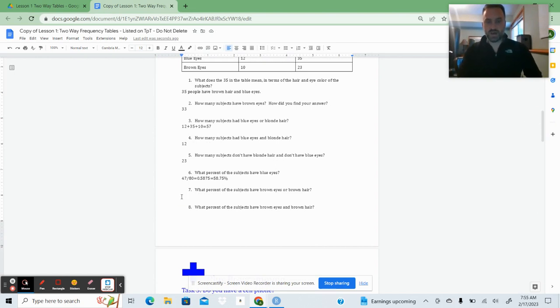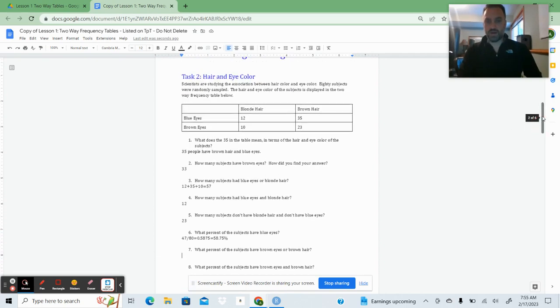So what percent of the subjects have brown eyes or brown hair? So here, brown eyes, we go 10 plus 23 plus that 35. And that gives us 68 out of 80, which equals 0.85, which is 85%.